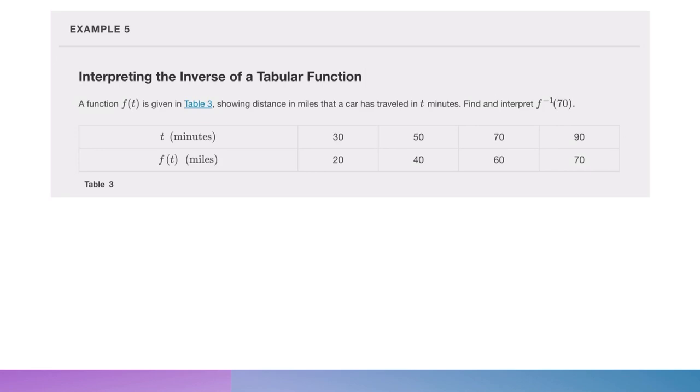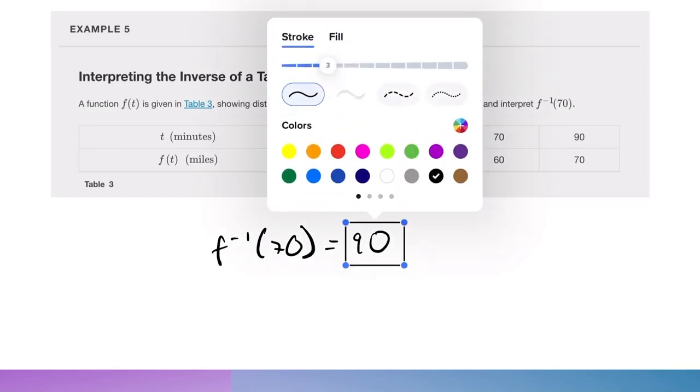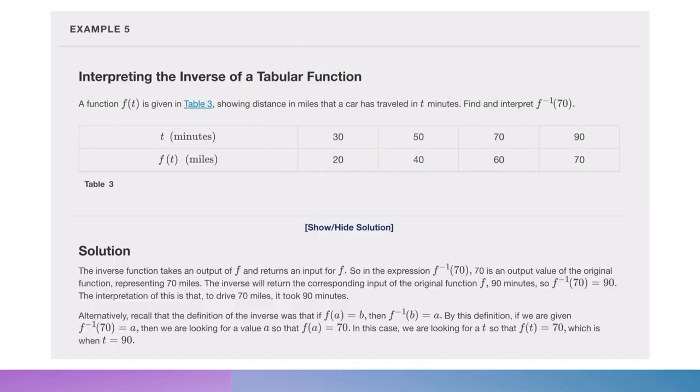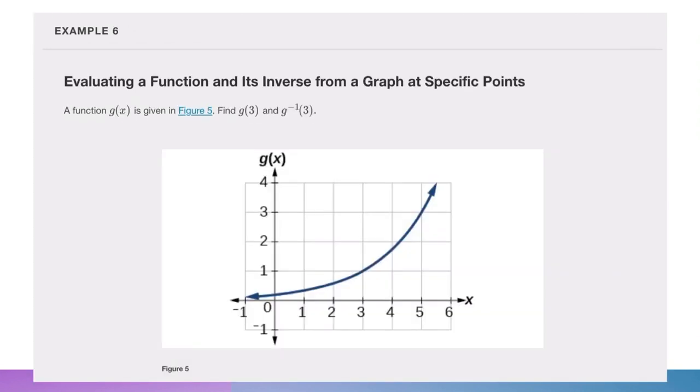So f inverse of 70 should equal 90. So 90 minutes.